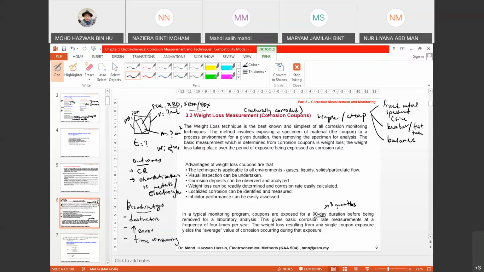Sometimes I think the recommended time would be like 1 week, or 2 days, or something like that. This gives a basic corrosion rate measurement at a frequency of 4 times per year. The weight loss resulting from any single coupon exposure yields the average value of the corrosion occurring at that exposure.